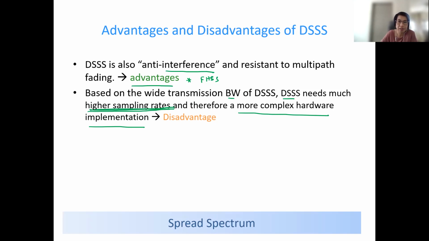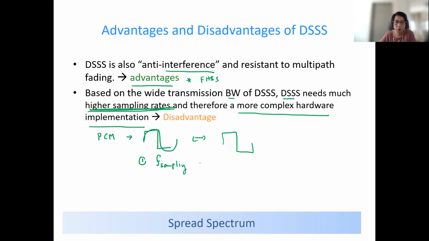It means sampling rate. If you go back to the concept of PCM, you have to do what? PCM is to convert analog to a digital signal. And then the first step of the PCM is to do the sampling.